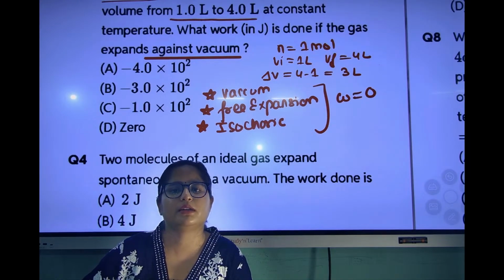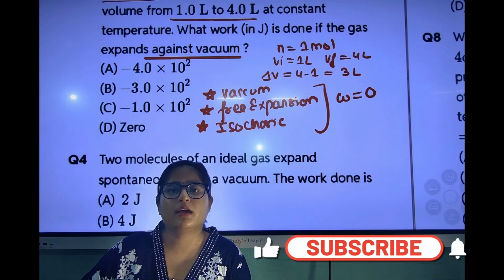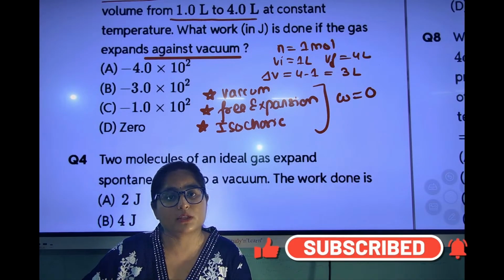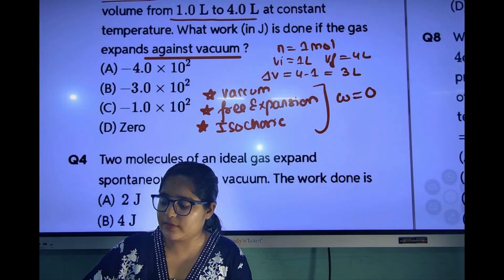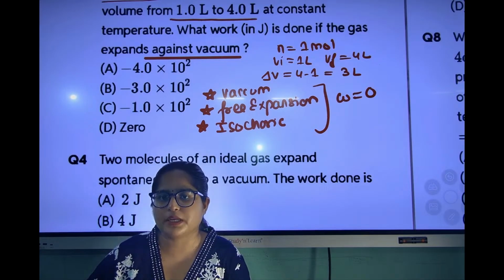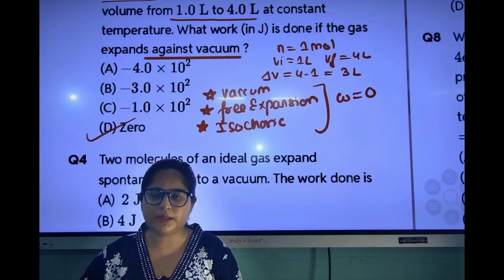Please remember, write it down in the short notes. Vacuum, free expansion, isochoric, work done is 0. So against the vacuum, vacuum means no pressure, right? So pressure will not be there. So work done will be 0. Clear? Okay.